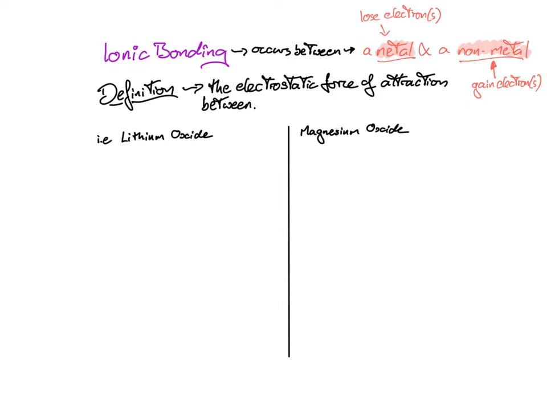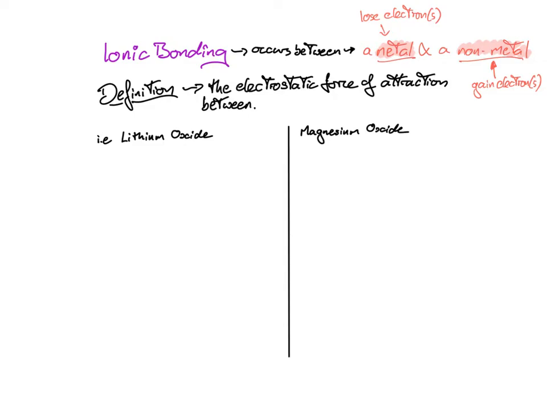We have a metal and a non-metal. The metal is going to lose electrons. The non-metal is going to gain electron or electrons. So the metal transfers electron or electrons to the non-metal. So the metal becomes a positive ion called a cation because it has lost negative electrons. The non-metal becomes a negative ion called an anion because it has gained electrons.